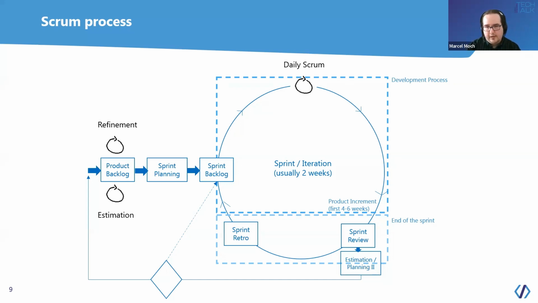The sprint review can also be, as I said, some kind of meeting where we present the results of the sprint, but it could also be a testing period where the customer tests the results themselves and gives us feedback on whether we have implemented it correctly or whether they might have found that they missed something in the requirements.